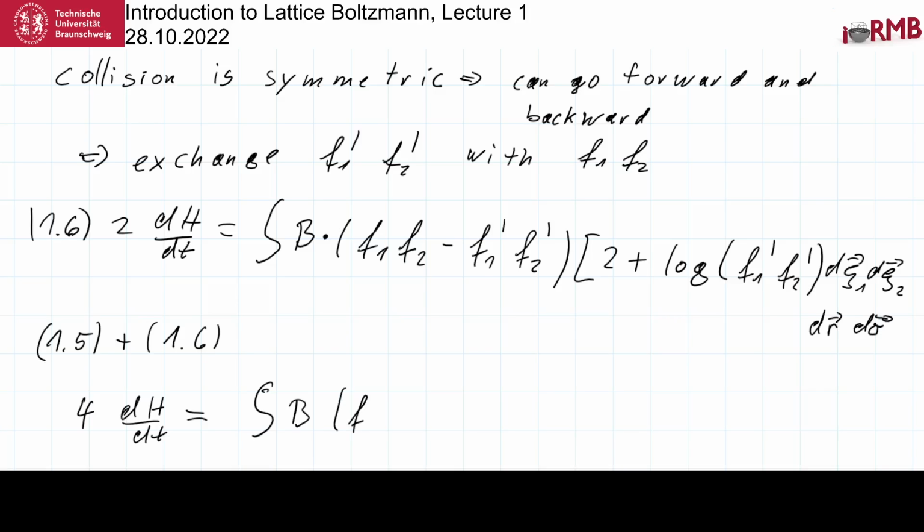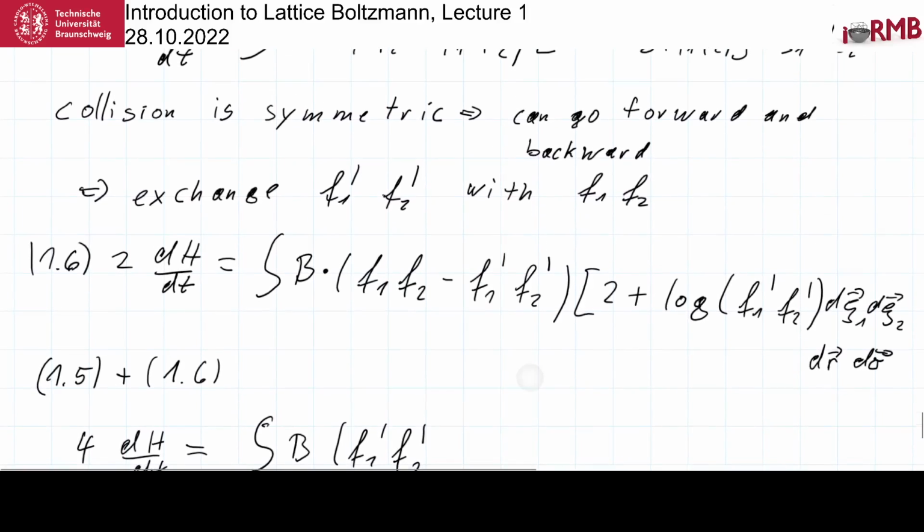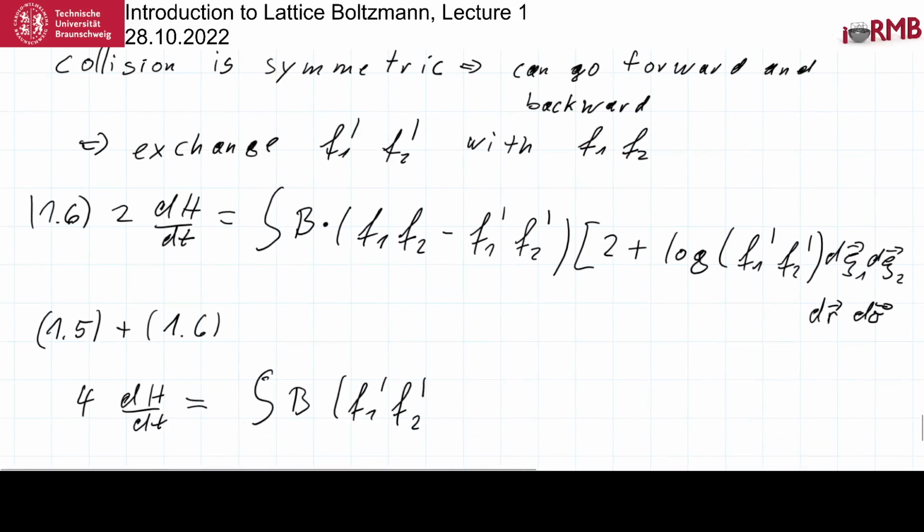Now I put them together in a common direction, and I take this common direction from 1.5. f1, f2.